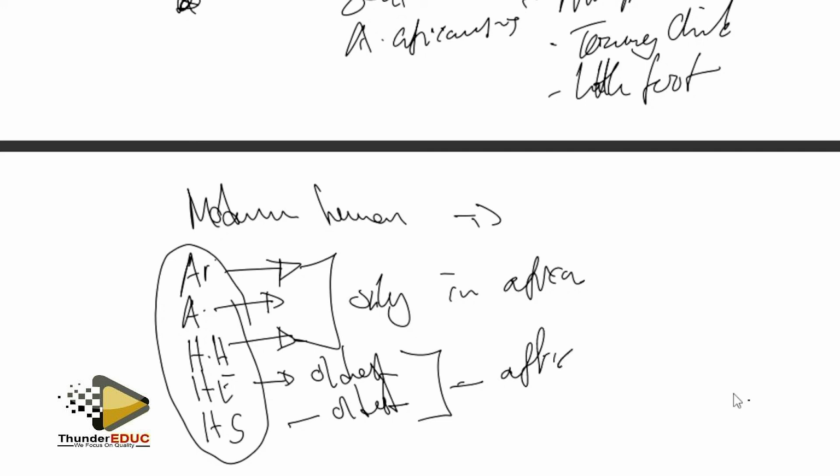I repeat: the fossils of Ardipithecus, Australopithecus, and Homo habilis were only discovered in Africa. Fossils of Homo erectus and Homo sapiens, the oldest fossils were discovered in Africa. That's how you're supposed to write the answer.